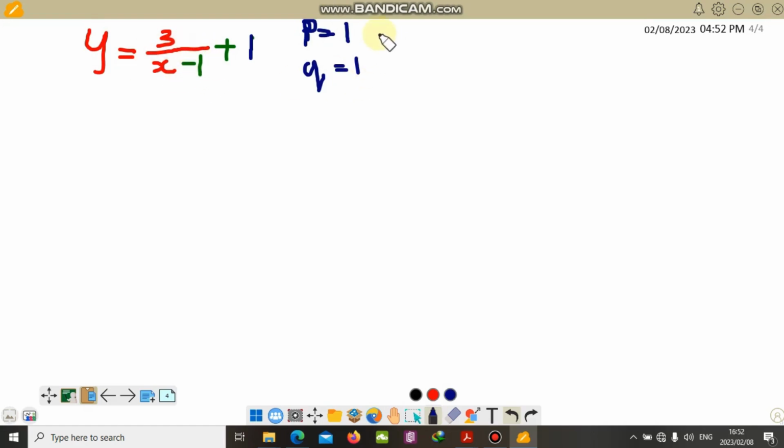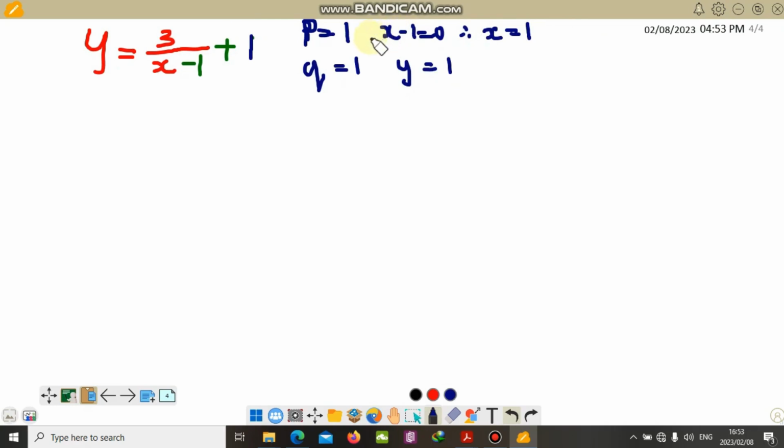So if we are finding the asymptote, we say x minus 1 equals 0. Therefore, x is positive 1. That is why I'm saying 1 there. And for q, it's just straight because it was positive there. So positive 1, meaning y is equal to 1.